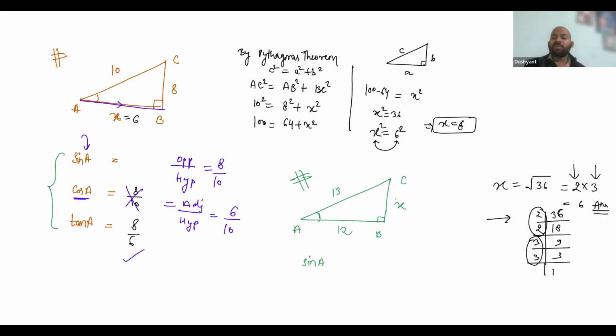And among sine, cos, and tangent, the most important is tangent. This is very important. Tangent.